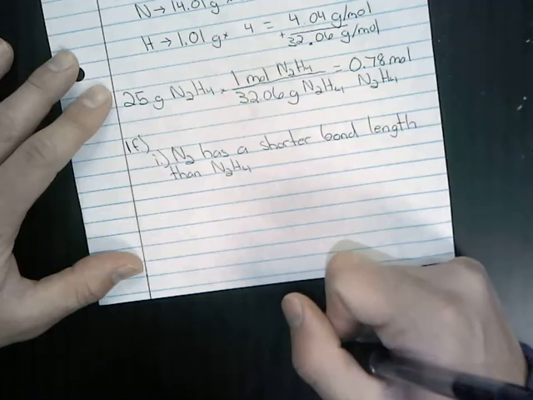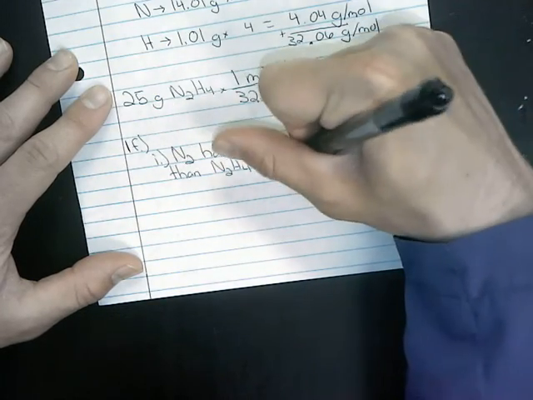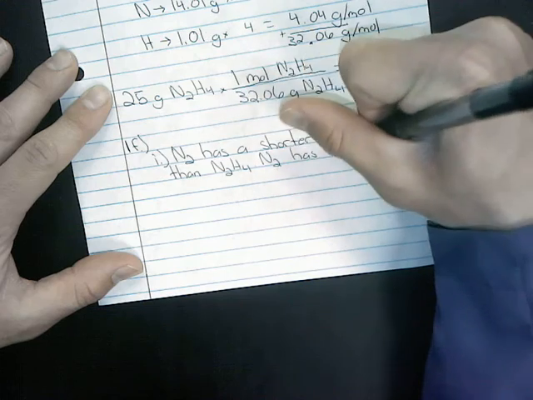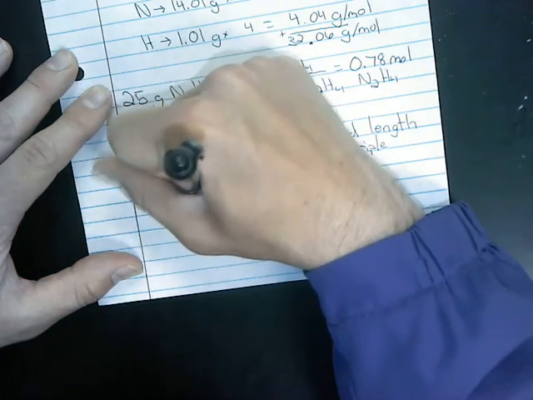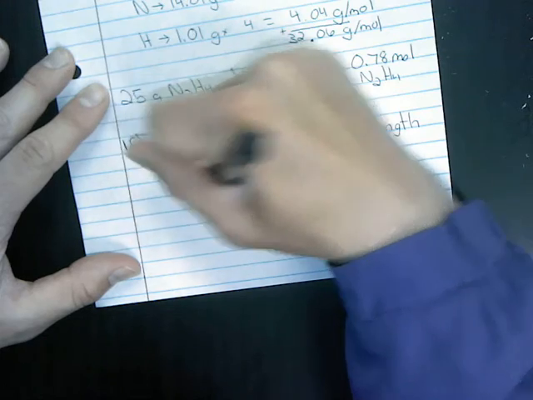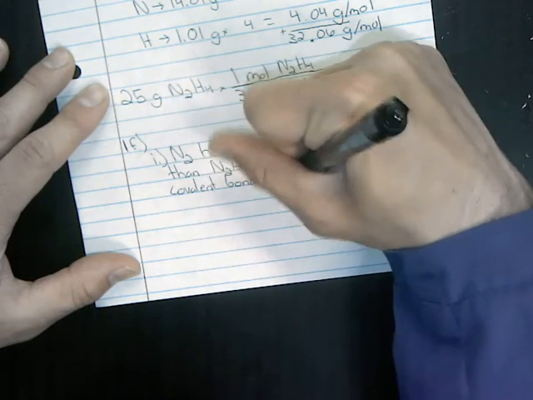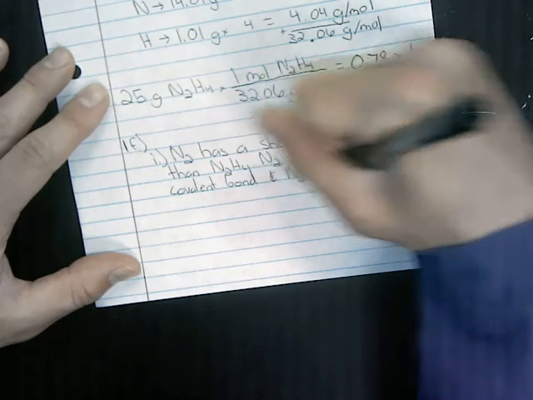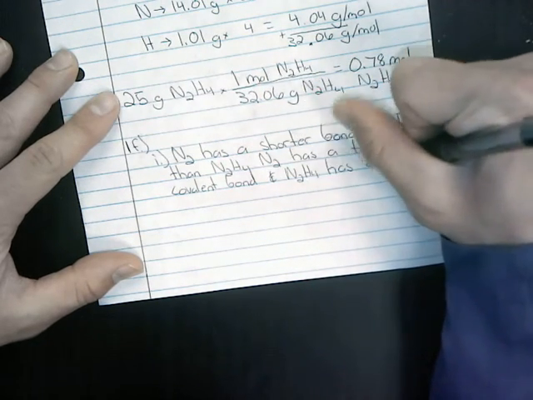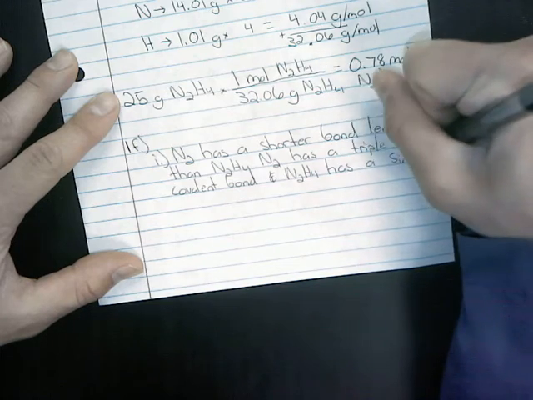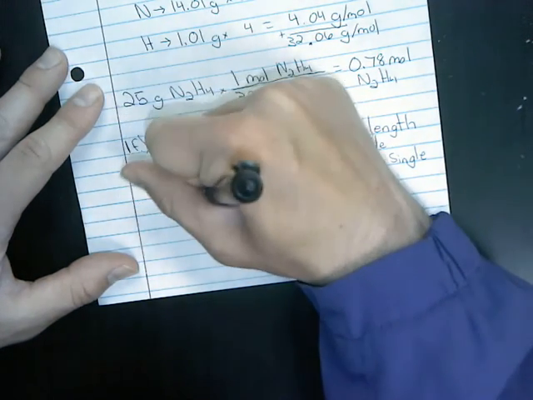N2H4. And you could even go one step further and say N2 has a triple covalent bond and N2H4 has a single covalent bond between your nitrogens.